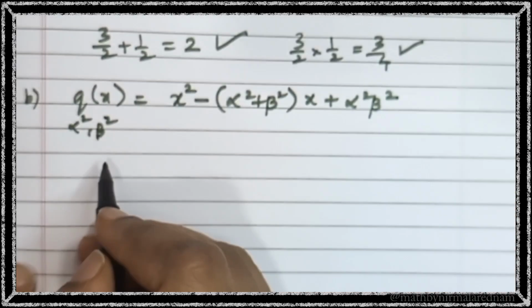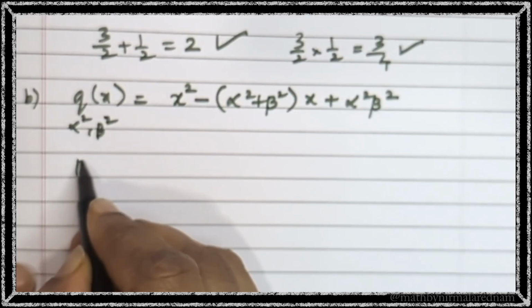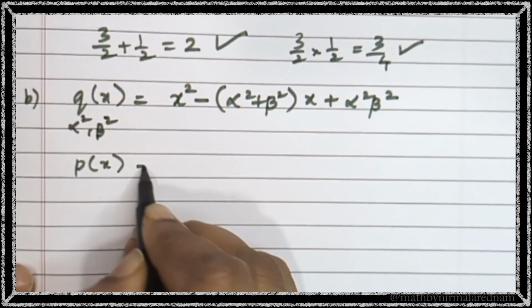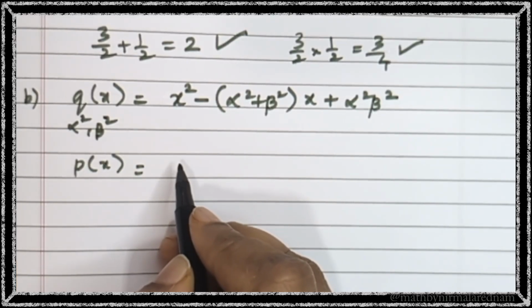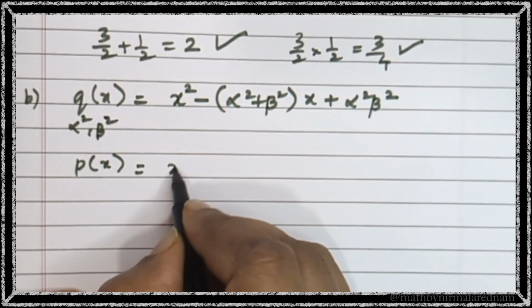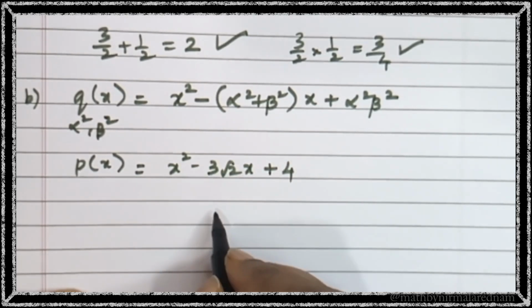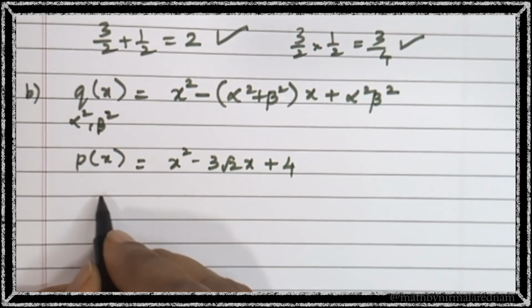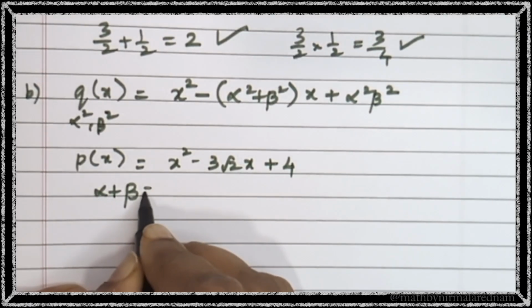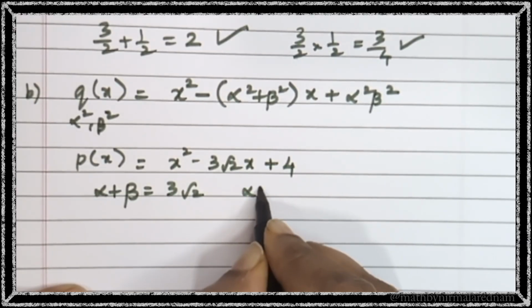So here, what do we know about alpha and beta? Alpha and beta are the roots of the another polynomial, which is given by x square minus 3 root 2x plus 4. So from here, I know that alpha plus beta is 3 root 2 and alpha beta is 4.